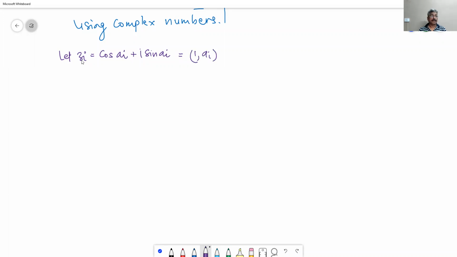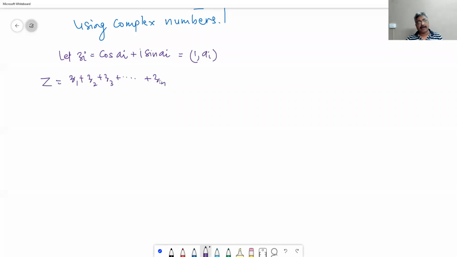Now we are trying to add cosines of angles in arithmetic progression and sines of angles in arithmetic progression. So we consider z1 plus z2 plus z3 plus dot dot dot plus zn.